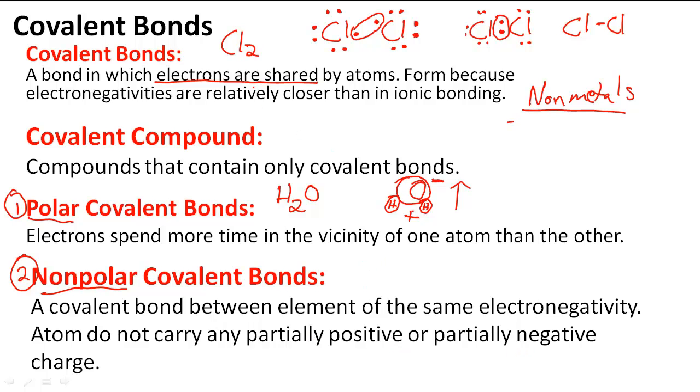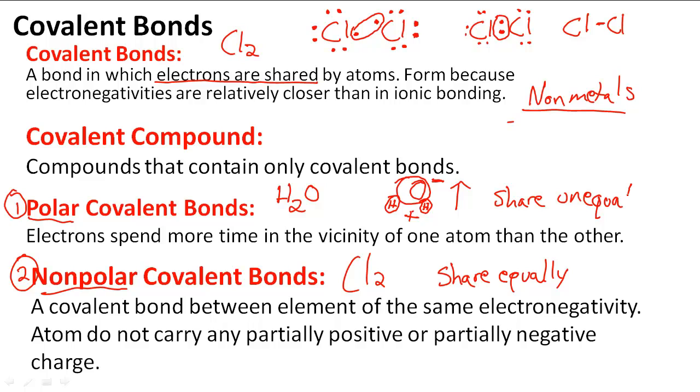So an example of this is the one we used before, Cl2. It makes sense, Cl and Cl both have the same electronegativity. So they're going to be able to share their electrons very equally. So you can remember that nonpolar covalent bonds share equally, and polar bonds share unequally.